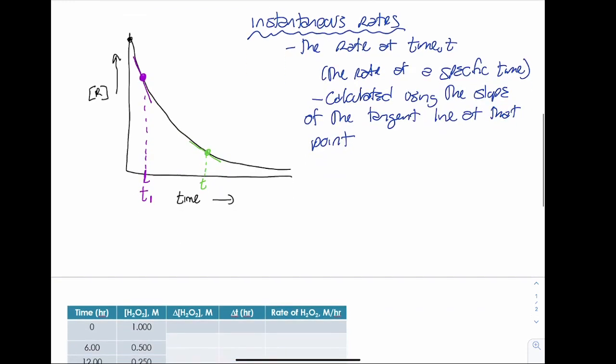Other rates, and what we're going to talk about more this week, are average rates. An average rate is going to be the rate over a specific time period.